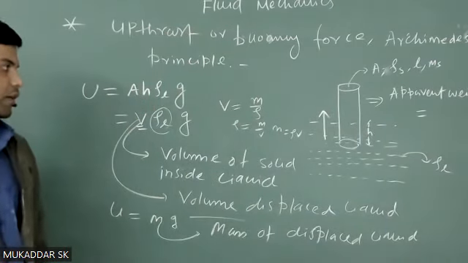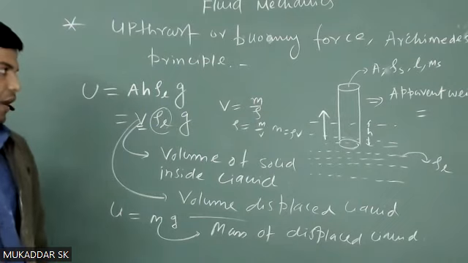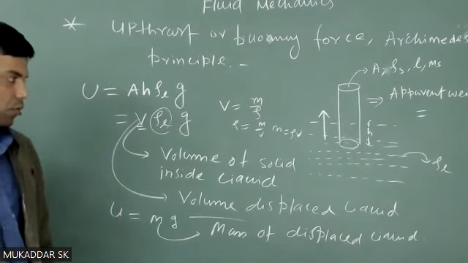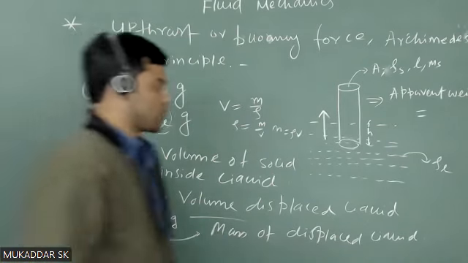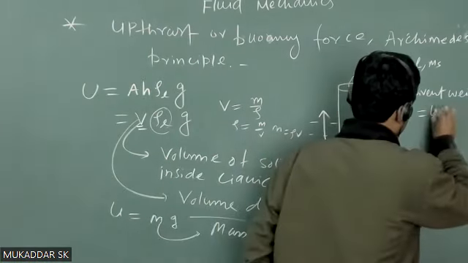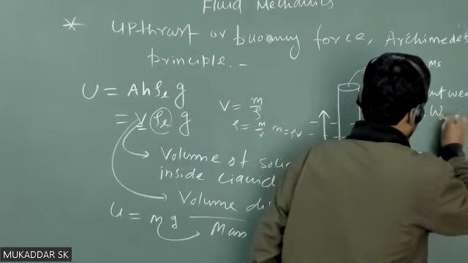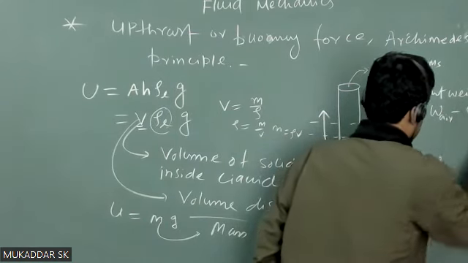So when the solid is inside liquid, it will have smaller weight as compared to its actual weight. So apparent weight will be the weight of this solid in air minus upthrust.